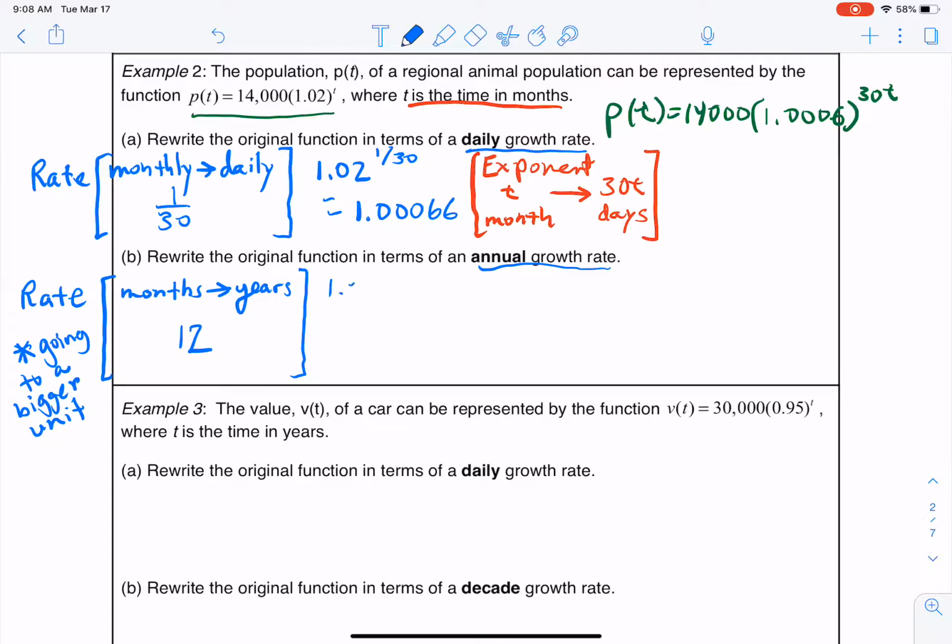We're going to take what we started with, 1.02, we'll raise it to the 12th power. I'll need my calculator on Desmos to do this. When I use that, it's going to be 1.26824. Right, so that's my new yearly rate.